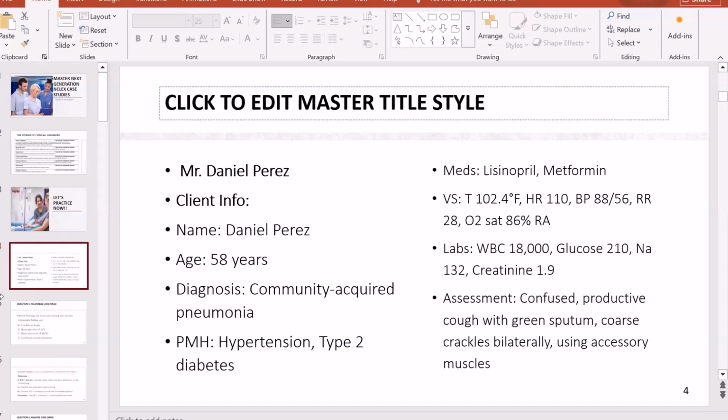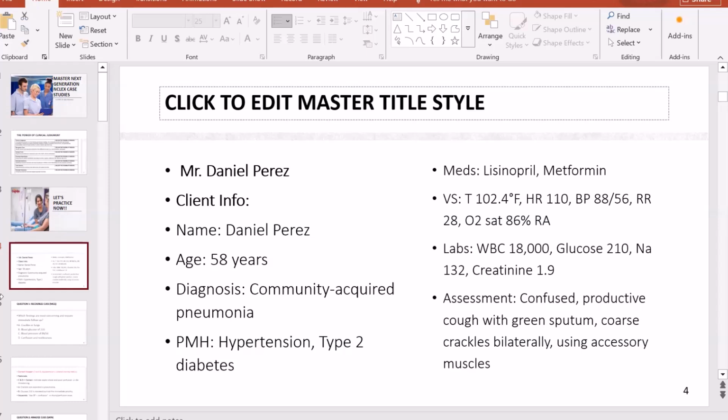This is still nurse's notes, and then they're giving you some more details. You do well to look at everything presented to you concerning the client, and you're going to use it to answer questions 1 to 6. So this is question 5 of that same case, and this is 6 of 6. When you get to 6 of 6, it means that you are done with that client. Then you move to the next case study.